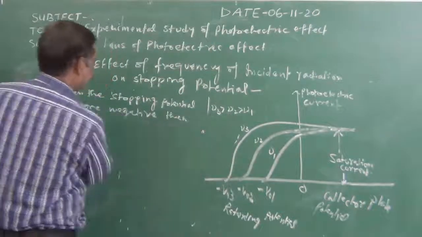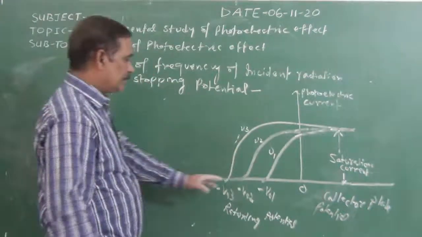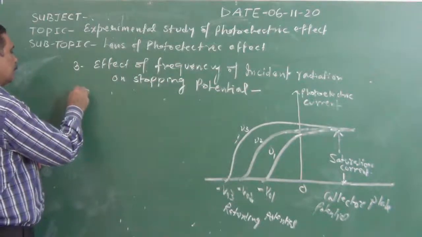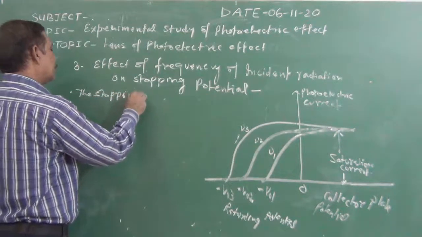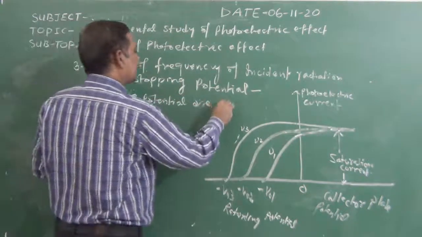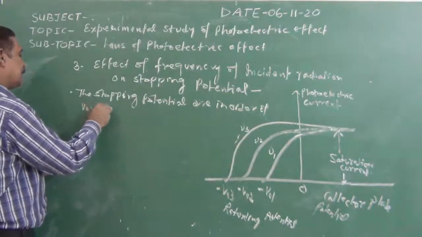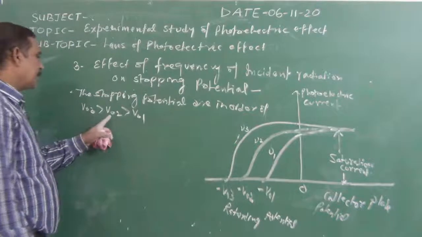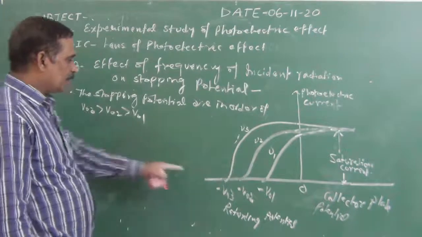So from this graph, the stopping potential are in the order of V03 greater than V02 greater than V01. V03, V02, V01 means this is the magnitude of negative potential of V03, V02, V01.